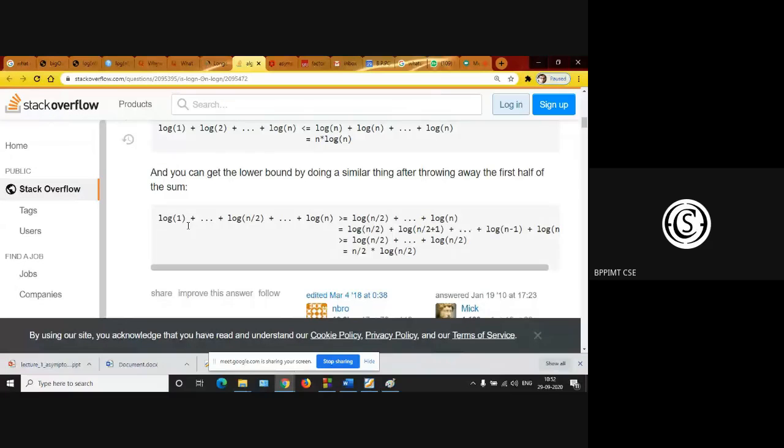Lg n factorial, we can write this as lg of 1 into 2 into 3 up to n.